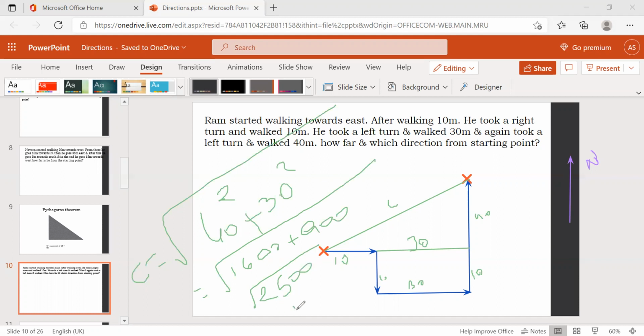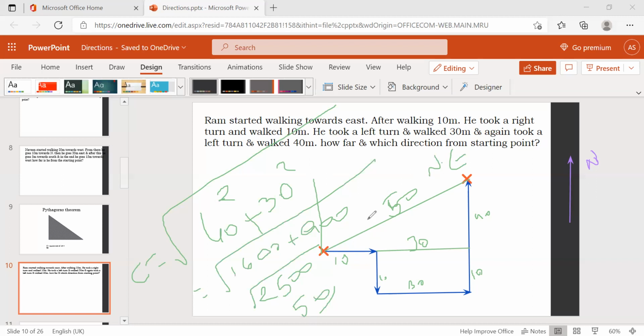It's nothing but 50 meters. And which direction is it? If this is east, and this is north, and he is like this. So which direction from the starting point? Northeast, right? Northeast. Is it clear?